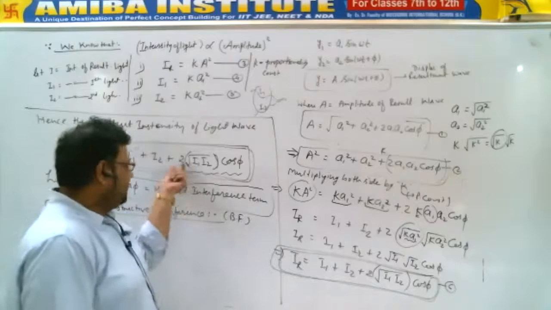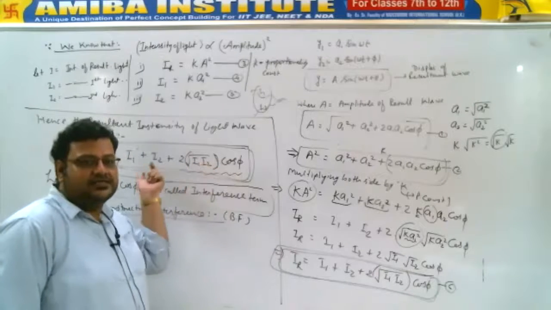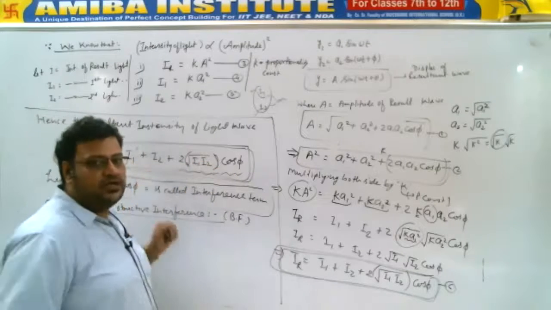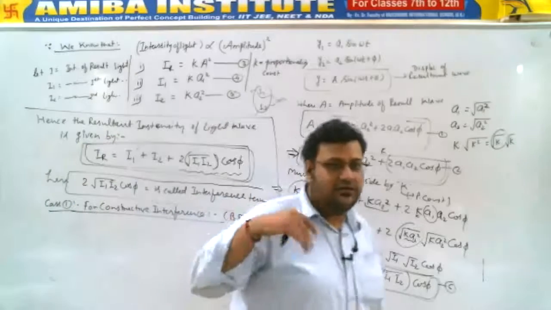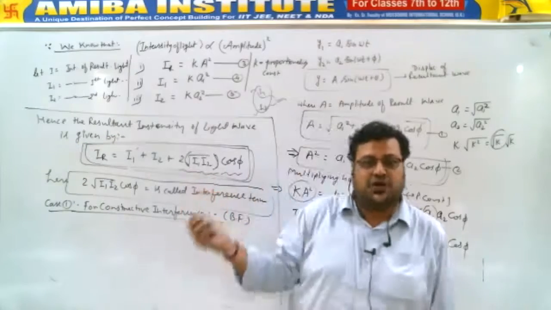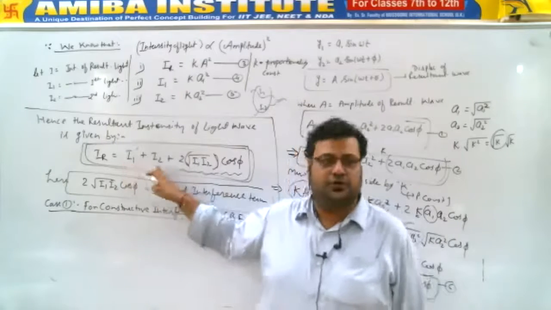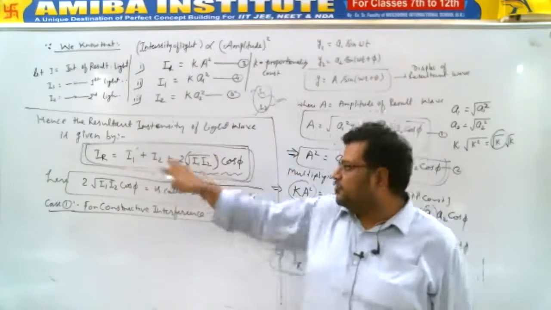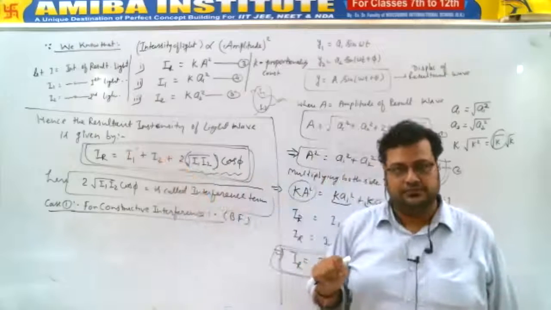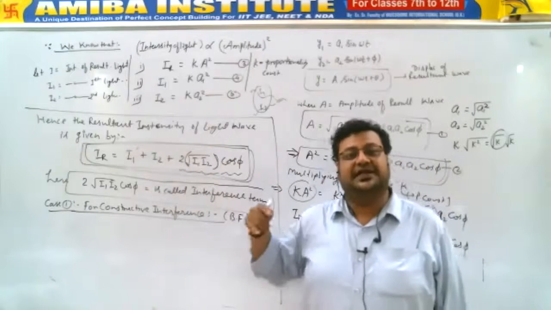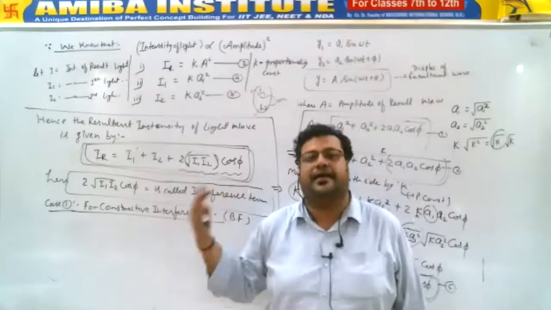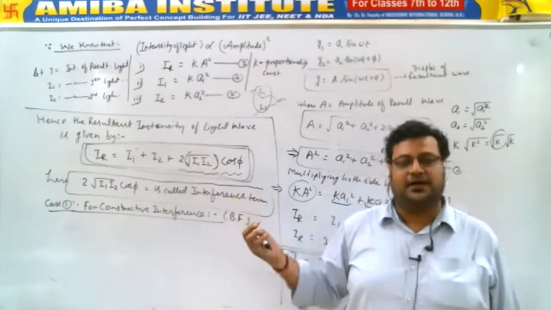Why? Because there is another term present. If this is 3 plus 2, then you would get only 5. But what if I get something extra? Let it be 0.5, then it would be 5.5. It would be more than I1 plus I2, right? It means the intensity should be higher, maximum at that particular point.